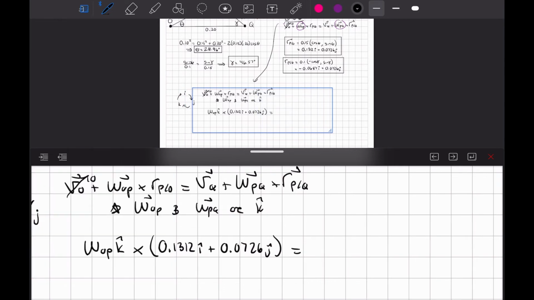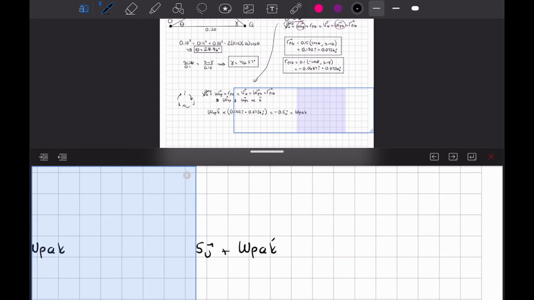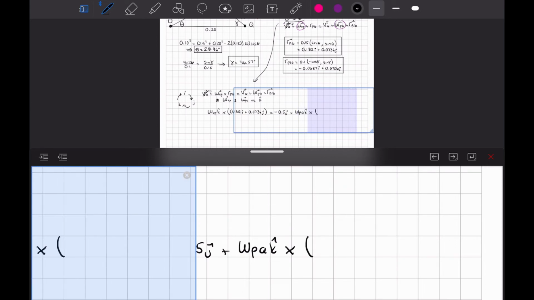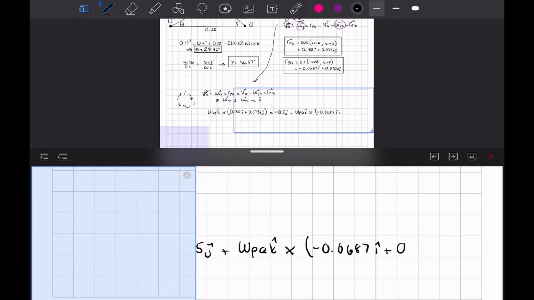And that is just going to be equal to, we have v of Q, which is going to be negative 0.5 j hat plus omega PQ k hat cross negative 0.0687 i hat plus 0.0726 j hat.